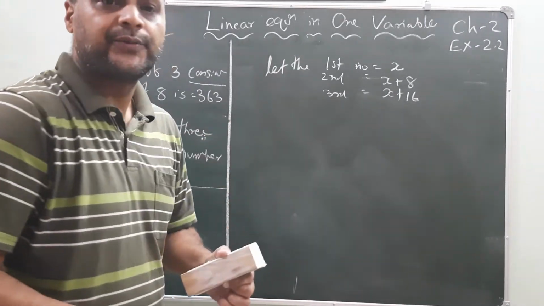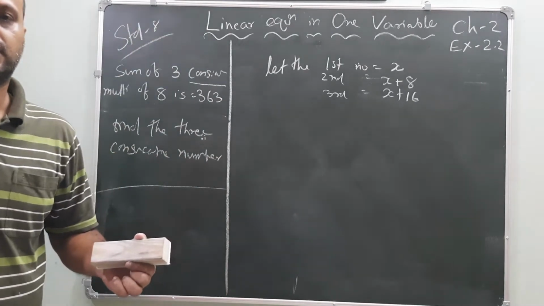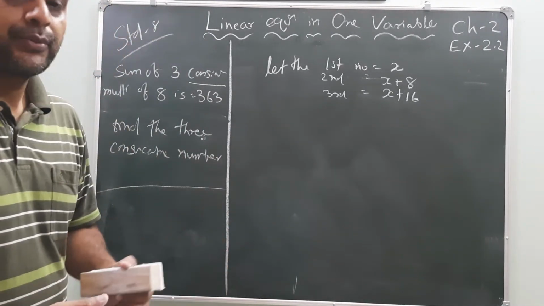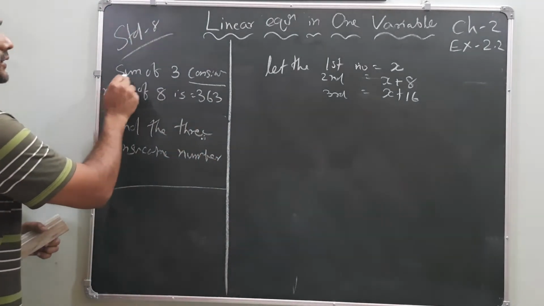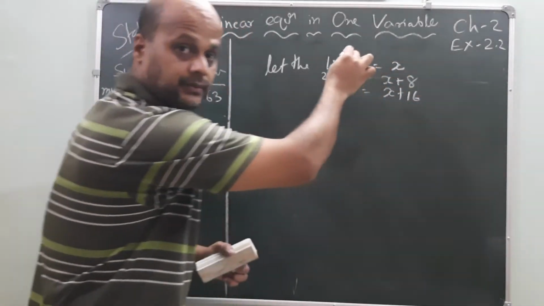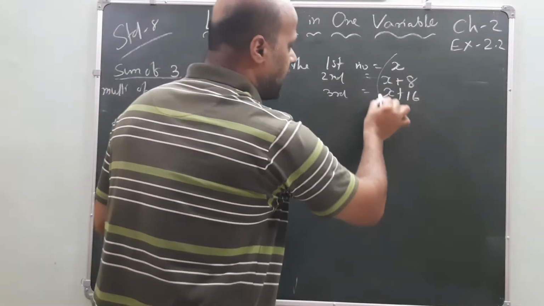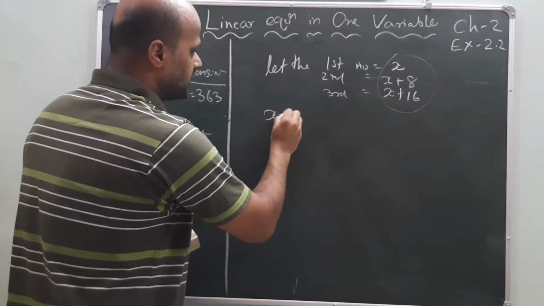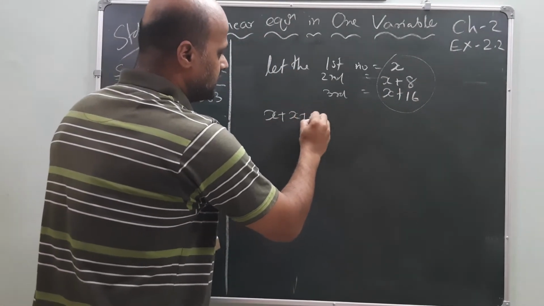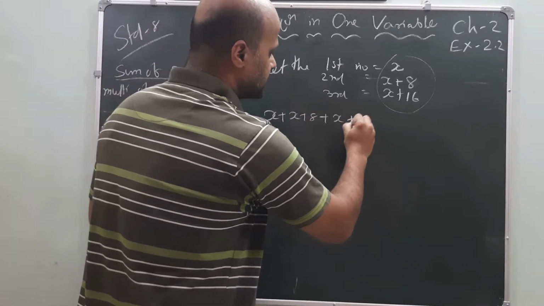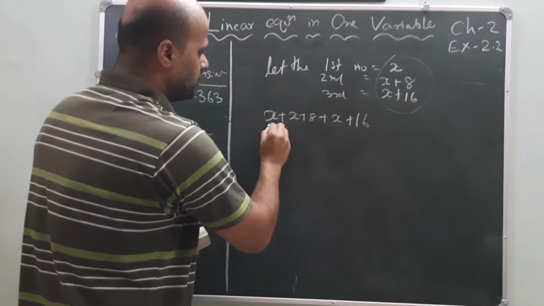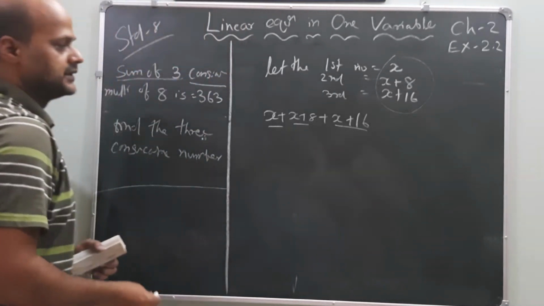Now tell me what statement we have to write next. So here we get three consecutive numbers, and it says the sum of the three consecutive numbers. If we add these three, x plus x plus 8 plus x plus 16, then how much is it?